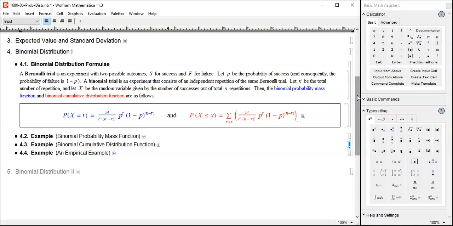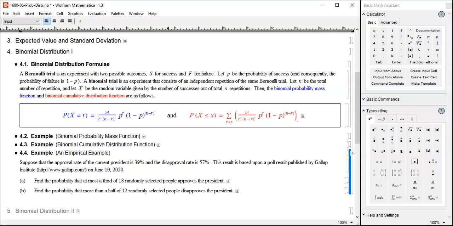In order to study the Bernoulli model better, in order to study rolling dice? Actually, it has some importance in empirical questions as well. Here we go. Suppose that the approval rate of the current president is 39% and the disapproval rate is 57%. The rest of the people did not answer, so these two numbers do not add up to 100%.